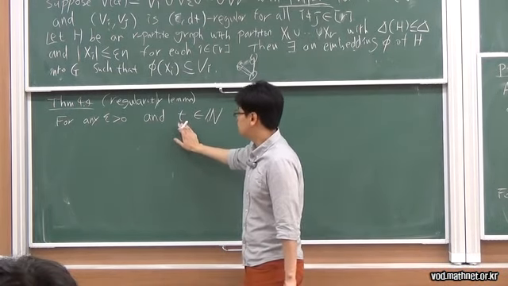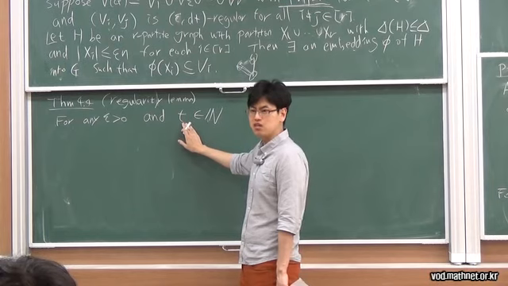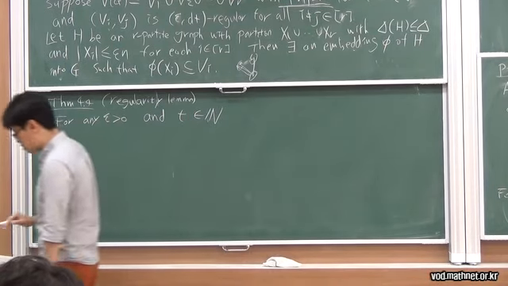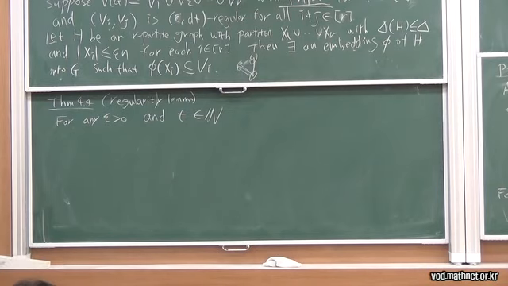So this is the lower bound on the number of parts that we ensure. We want to find the epsilon regular partition which has at least this small t number of parts.